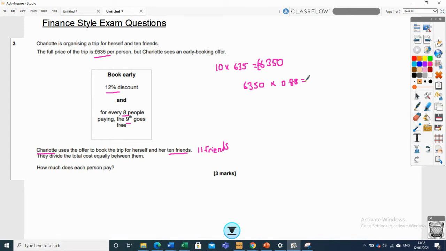That gives us a total cost of £5,588. Okay, notice 3 marks. 1 mark would be for the 10 times 635. Second mark for the times 0.88. Third mark, the final answer.